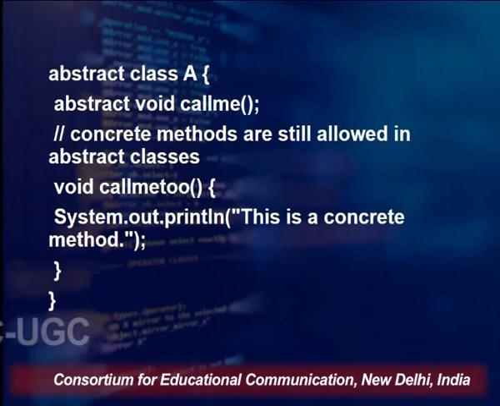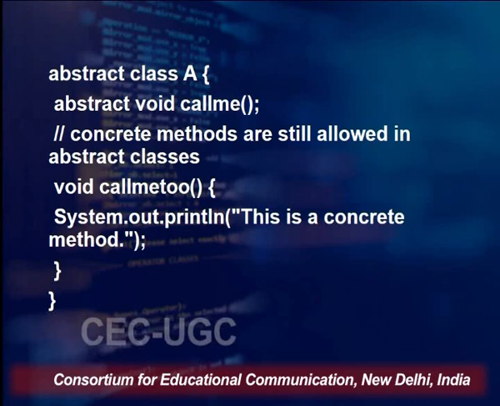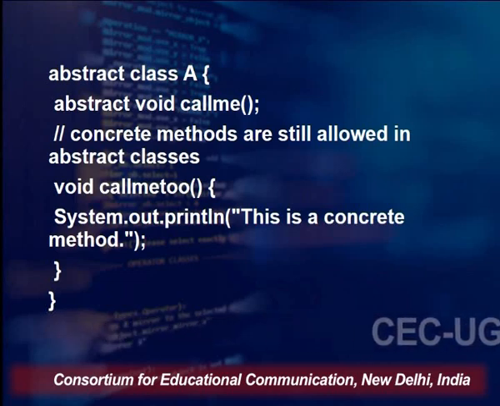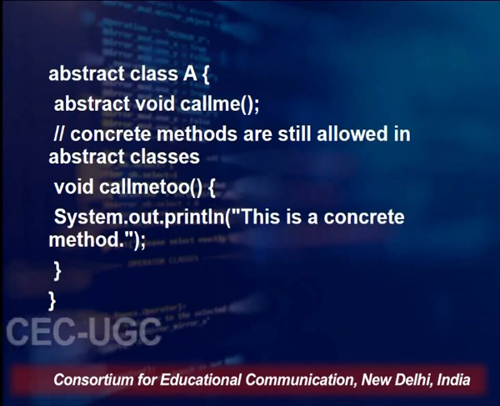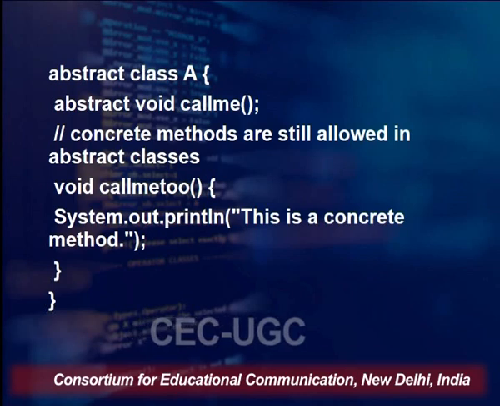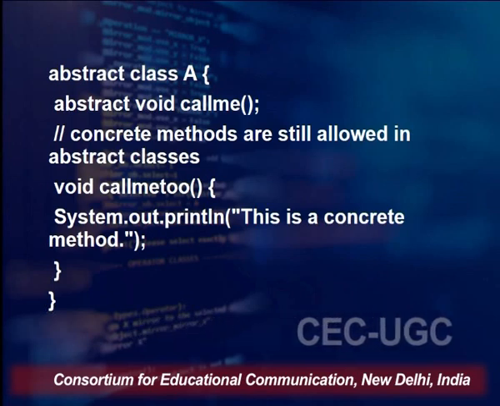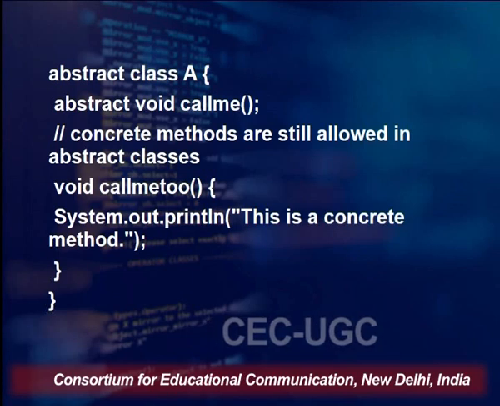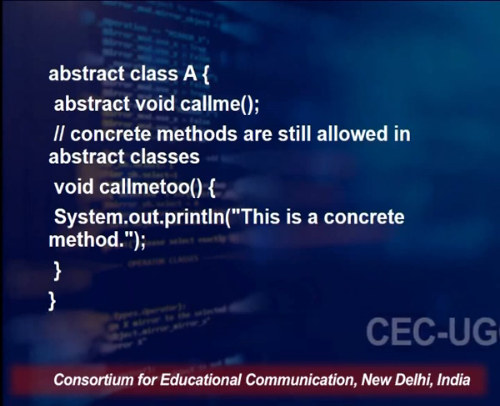The class which extends this class A will have to provide an implementation for callme, while class A itself does not have any implementation for this abstract method. And any class which has one or more abstract methods is declared abstract itself.